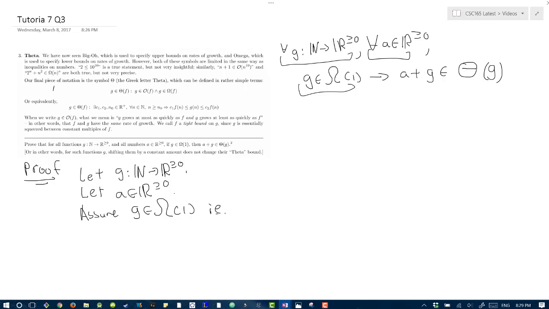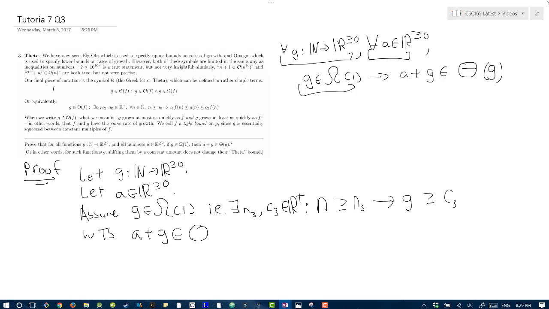From the omega definition, we know that, we will call this N3 and C3, if n is larger than or equal to N3, then g is larger than or equal to C3. And then we want to show that a plus g is in the theta of g.